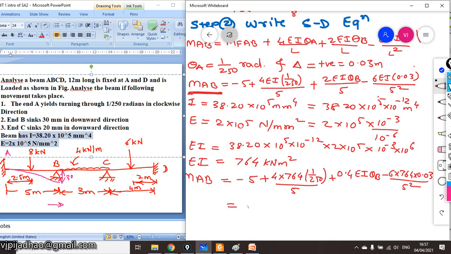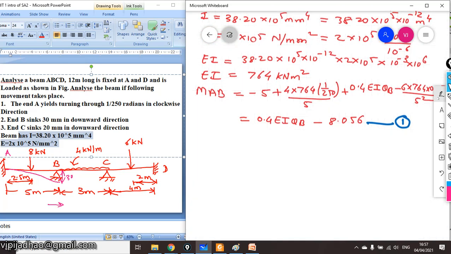Just simplify this, you will get 0.4 EI theta B minus 8.056. This will be your equation number 1, or slope deflection equation number 1.